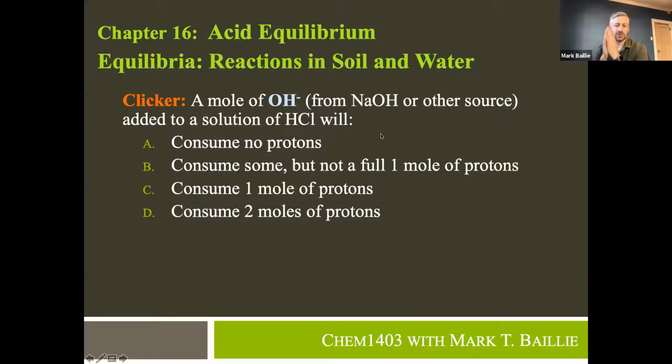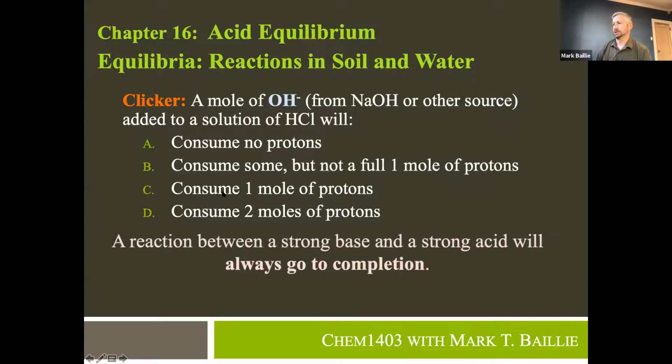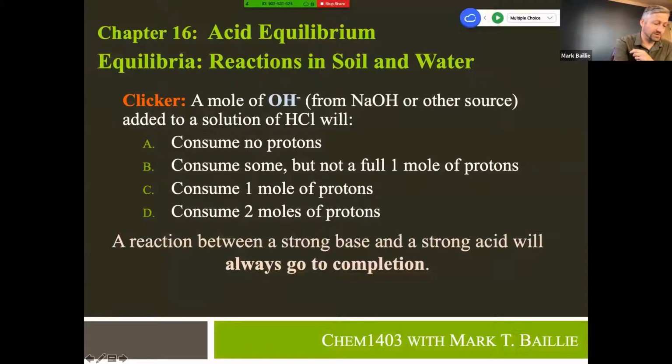So hopefully from the titration lab, you've seen a couple of different times now, if you add a strong base like hydroxide, then that reacts in a 1-to-1 molar fashion, and you end up consuming 1 mole of protons. We're going to start talking about whether that needs to be a strong proton or a weak proton, and we're also going to talk about what it means in terms of bases the other way around as well.